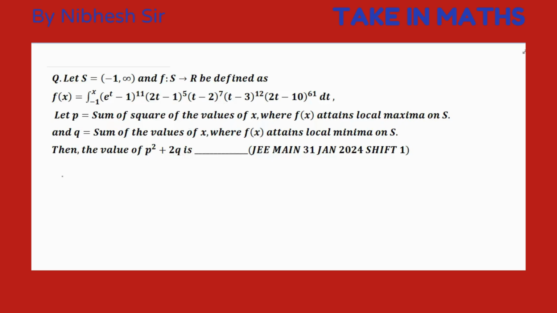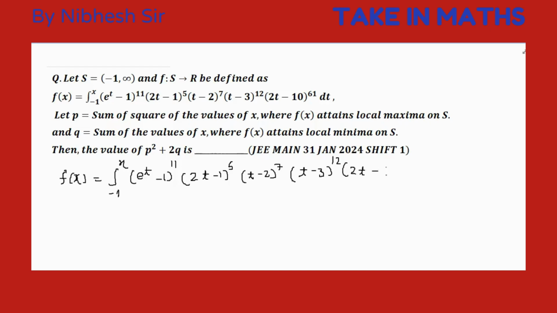Okay, so what is f(x) here? f(x) we have given here is integral from -1 to x of (e^t - 1)^11 (2t - 1)^5 (t - 2)^7, right? Here power is 7, and (t - 3)^12 and (2t - 10)^61 dt.